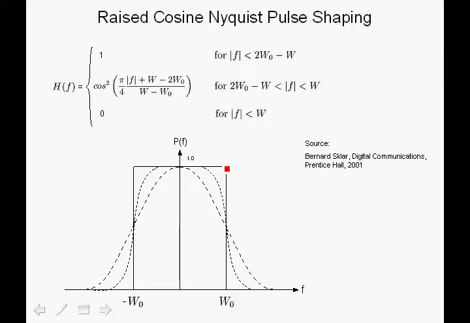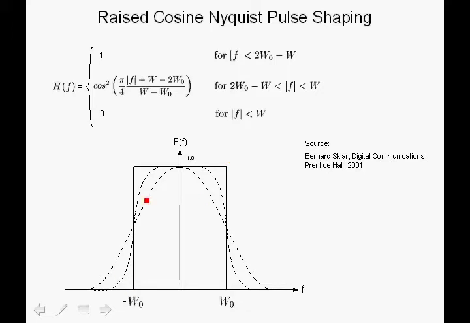So another class of filters that we can use for pulse shaping are called raised cosine Nyquist pulse shaping, and they have a very nice property in the sense that for all the filters that we show over here, in the time domain they have 0 crossings at the symbol time and satisfy our 0 intersymbol interference requirement. And we'll discuss that in a minute. For now, let's focus on this class of filters. We show actually 3 filters over here.